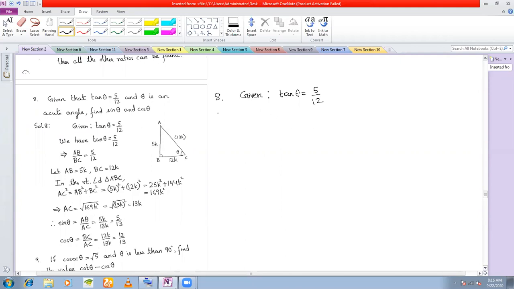So what we first do here is we construct a right angle triangle. Okay, and this is just a 90-degree angle. Let's call this ABC, and let's take this angle to be theta.